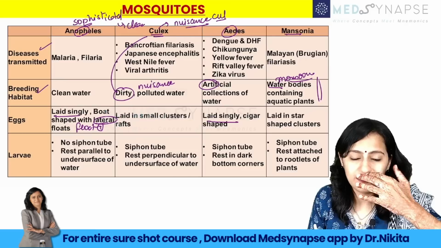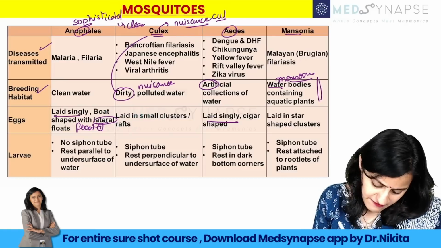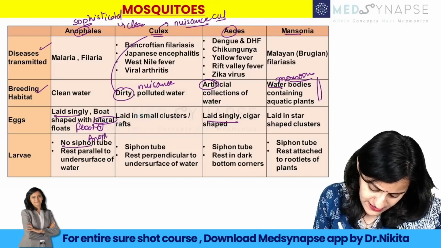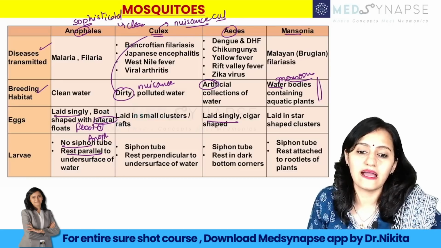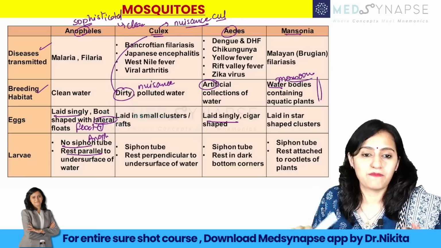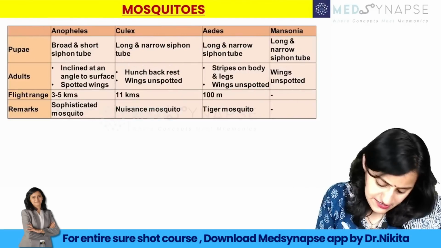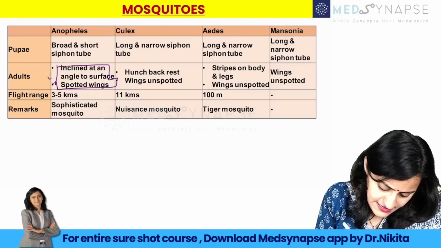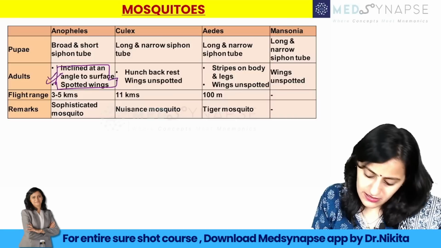In Culex it is clusters, in Mansonia also it is clusters. Larva, no siphon in Anopheles, rest parallel. Here the rest have the siphon tube and they are not parallel. The pupa we have seen, the adults we have seen, very important, inclined at an angle. There are spotted wings. There is a hunchback here, wings are unspotted.